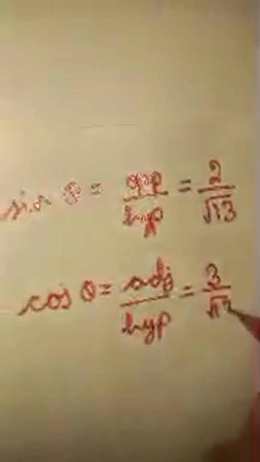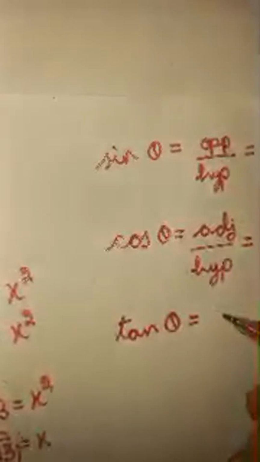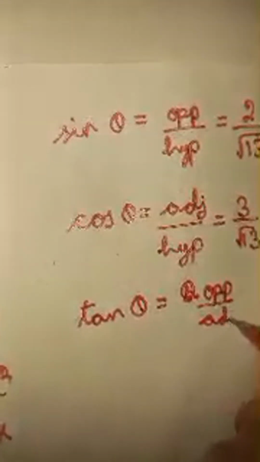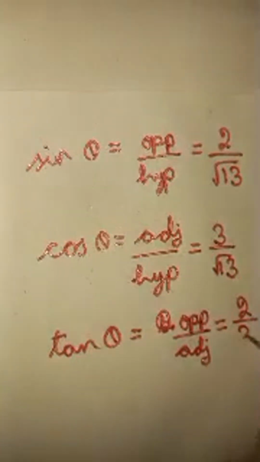Cos theta is adjacent to this angle, that is 3 units, divided by the hypotenuse, which is root 13 units. Now let's find tan of theta. Tan of theta means opposite by adjacent. This is opposite, which is 2 units, divided by adjacent, which is 3 units.